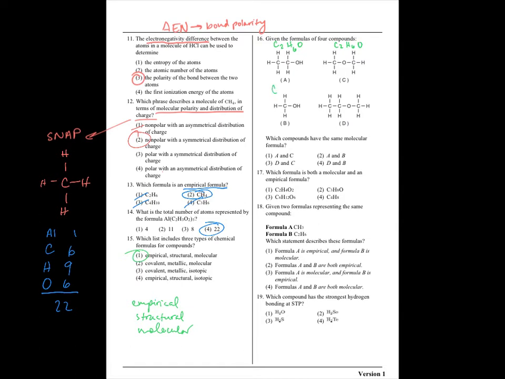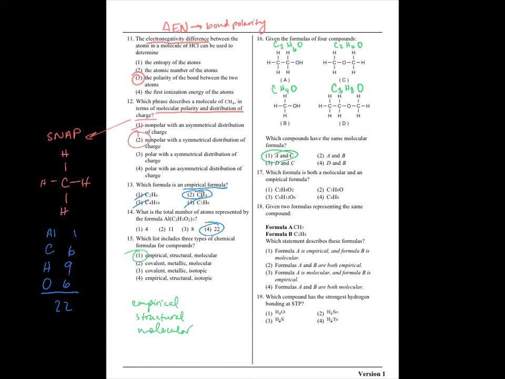We got 1 C, 4 H's, and 1 O. The last one has 3 C's, 8 H's, and 1 O. So it's just A and C, choice 1.